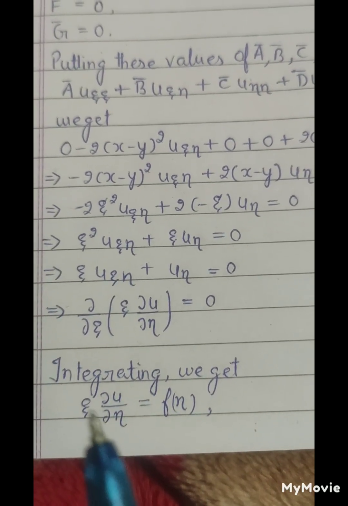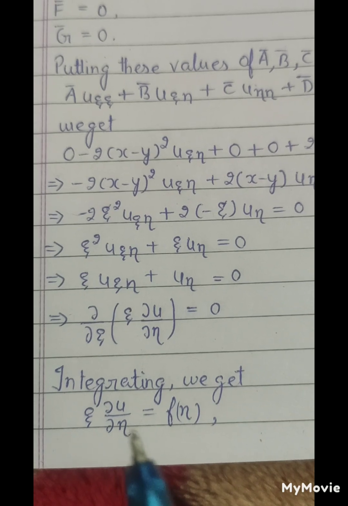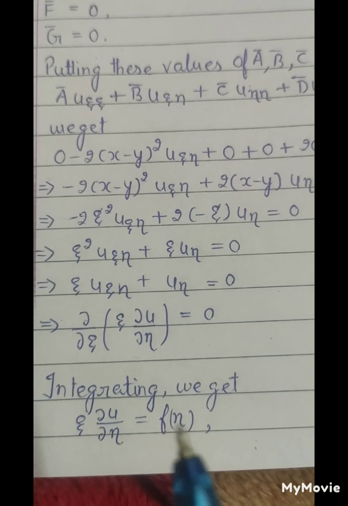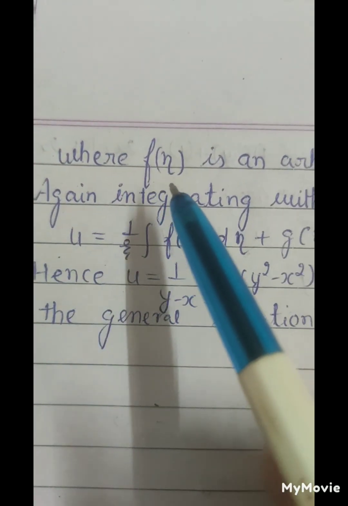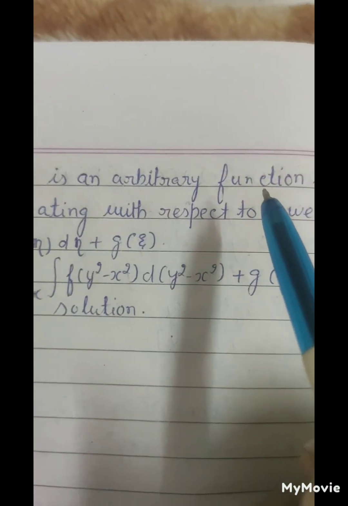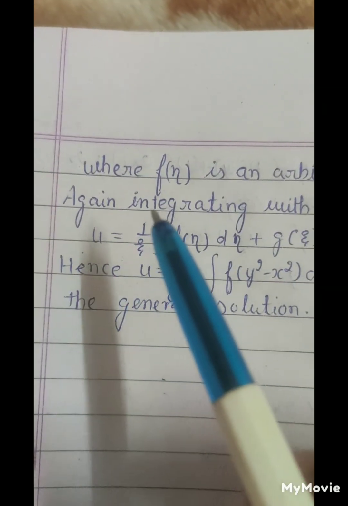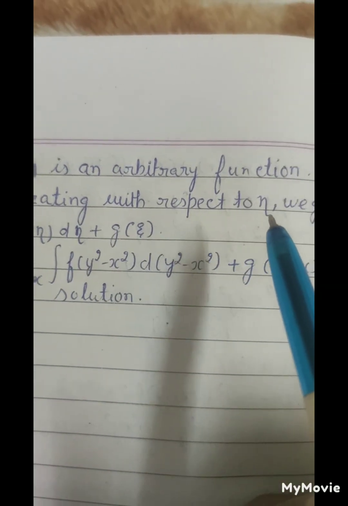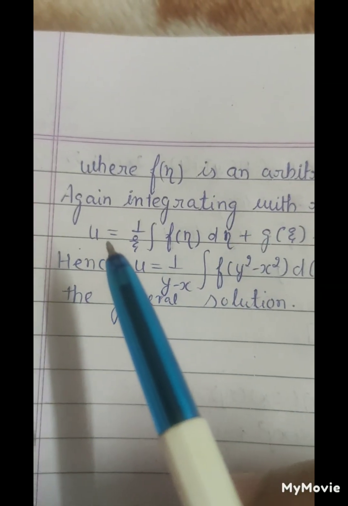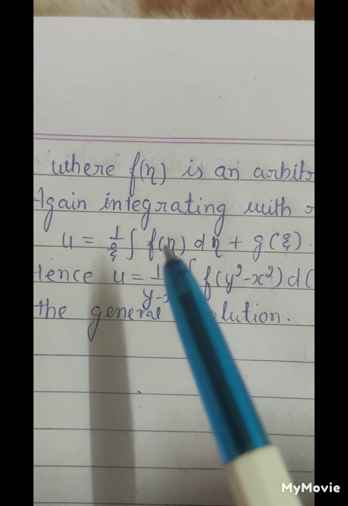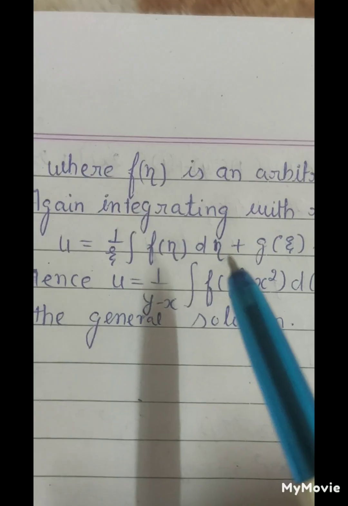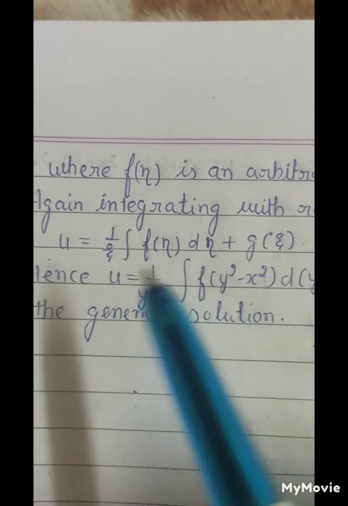Integrating, we get xi del u over del eta equals f eta, where f eta is an arbitrary function. Again, integrating with respect to eta, we get u equals 1 upon xi integral of f eta d eta plus g xi.